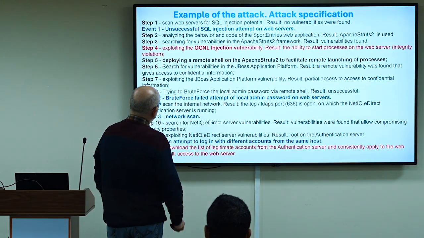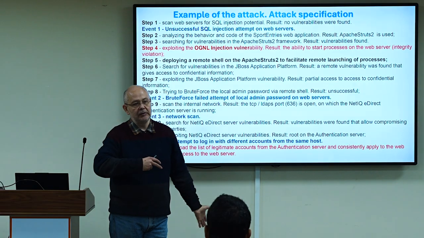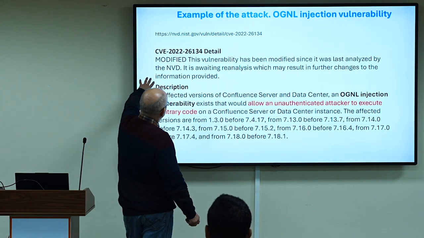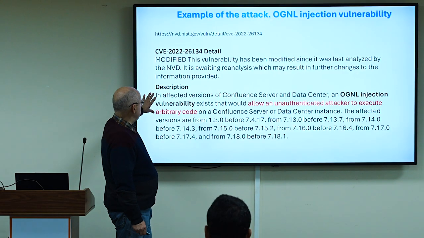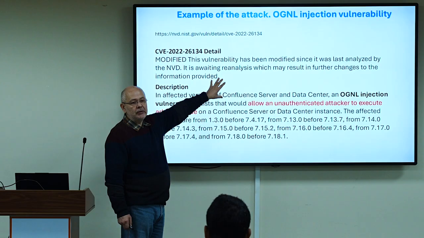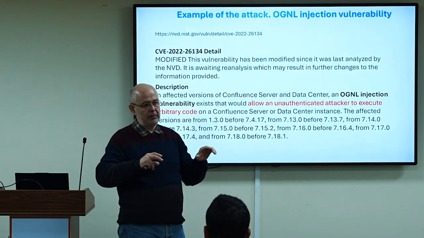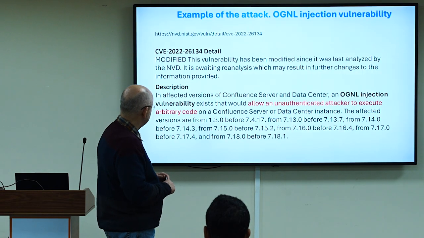Okay, and of course this is an example of a description. We considered it in the previous lecture. And this is a specification of one of the vulnerabilities which we use. I'm planning that you will now consider different vulnerabilities and look at this specification.